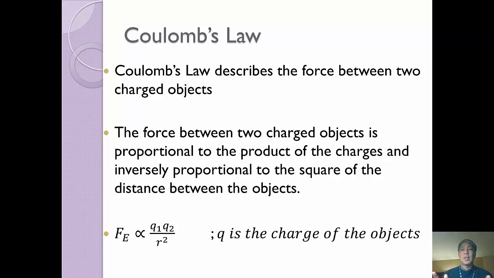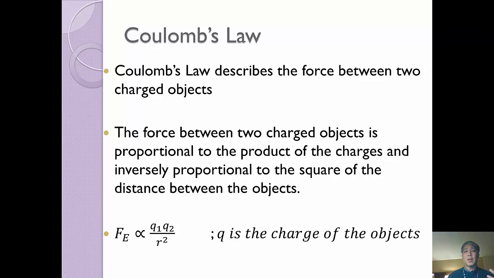Coulomb's law basically describes the force between two charged objects. You can think of the force between two charged objects as being proportional to the product of the charges and inversely proportional to the square of the distance between the objects. Mathematically, we would write it as we see on the bottom. That little fish symbol is actually the math symbol for proportional to.